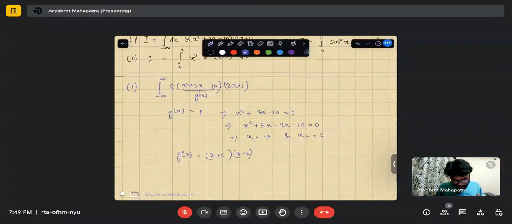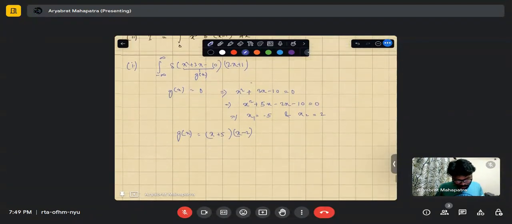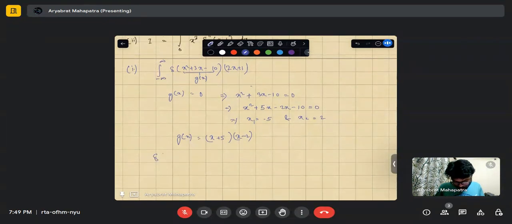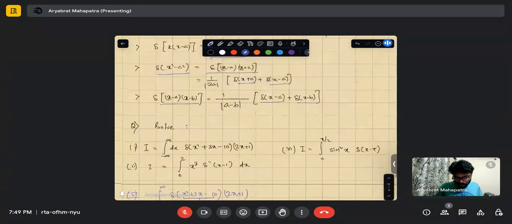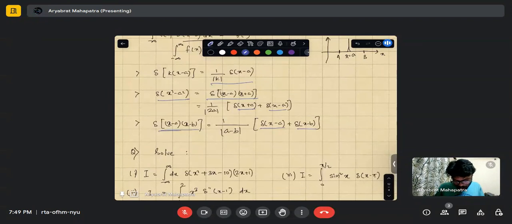Then I can write my delta function as delta of x plus 5 and x minus 2. Then you have to use this property right here.